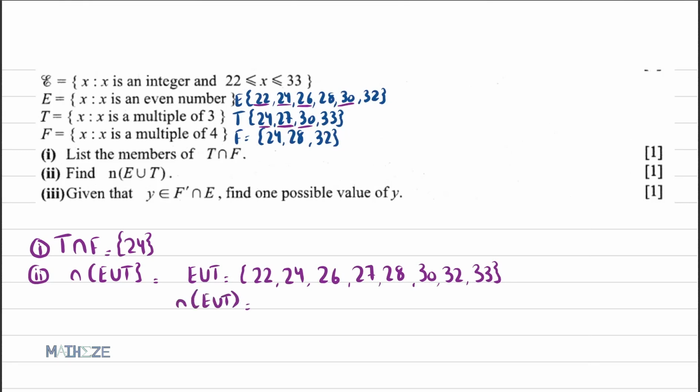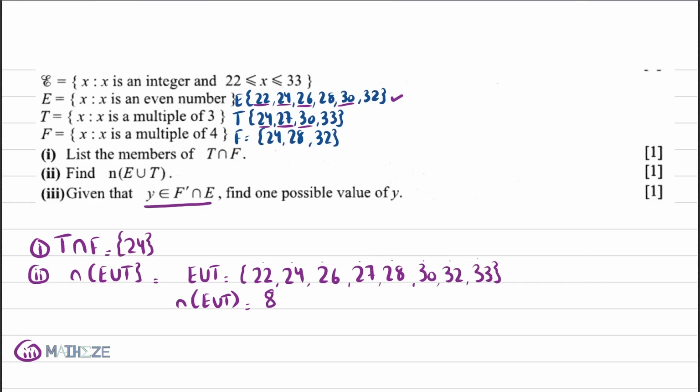Why not? Because it says n of E union T. That means number of elements. How many elements are there? 1, 2, 3, 4, 5, 6, 7, 8. Got this? Then in part 3, it says y is the element of F complement intersection E. So I have set E, but I don't have F complement.